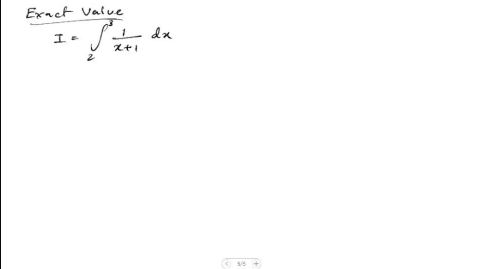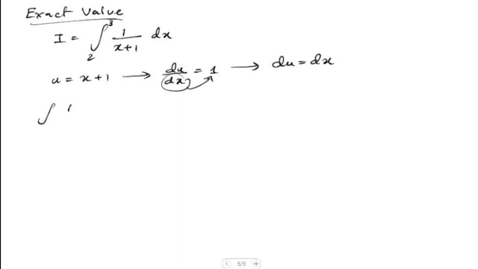Now let's say that u is equal to x plus 1. Then du by dx will be equal to 1, and taking dx to the other side gives du is equal to dx. Then the integration is of 1 over u, replacing x plus 1 by u, and the dx is replaced by du.